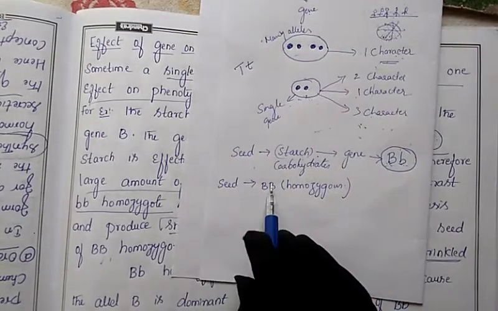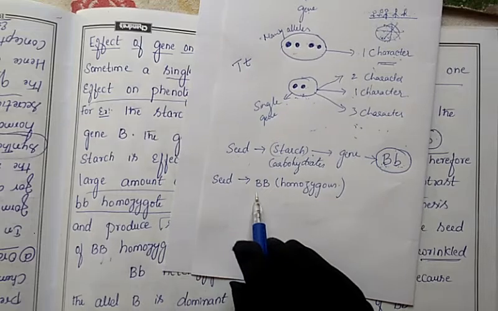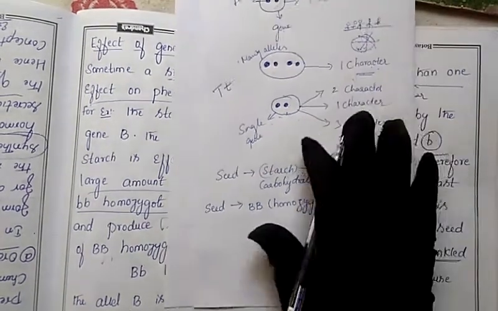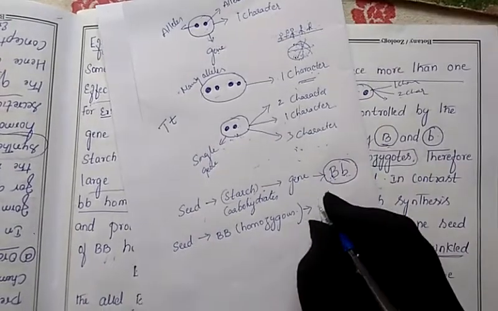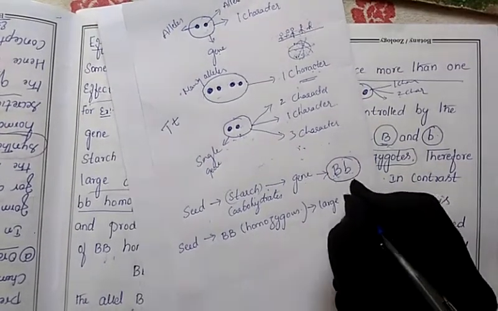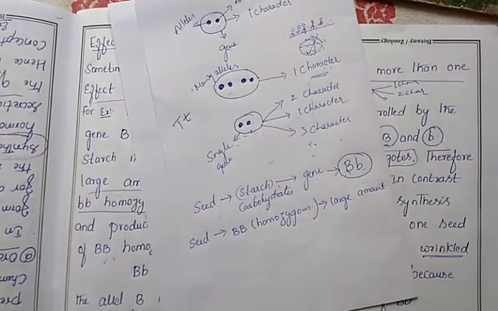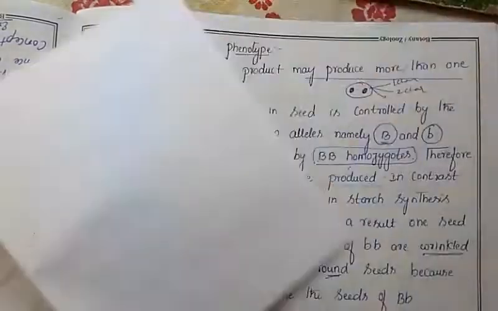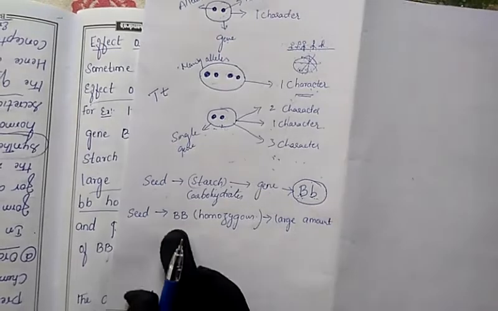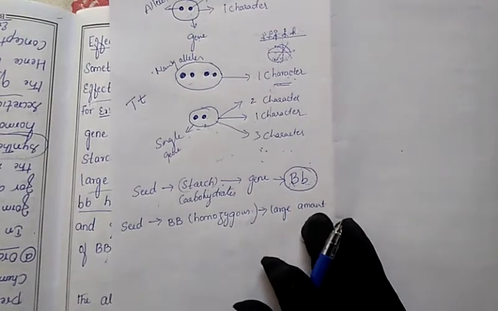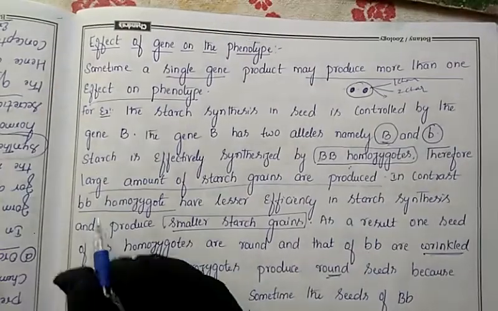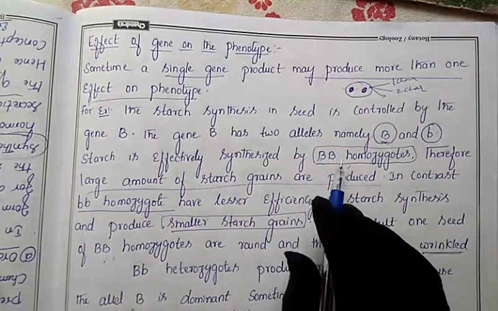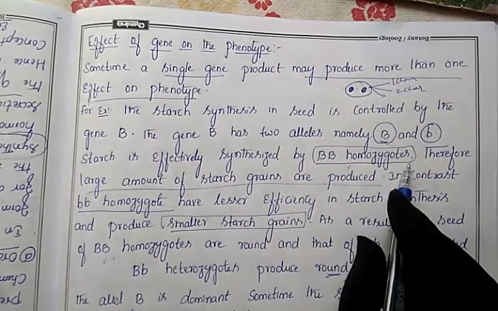So if the seeds contain capital B alleles, then in that seed starch synthesis will be in a large amount. So starch production will be large. That's why starch is effectively synthesized by the capital B homozygote, because both alleles are the same.